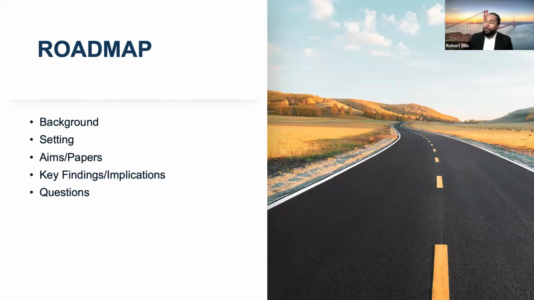This roadmap highlights the journey that we'll be going on today. We'll talk about some of the background, describe the setting, go through the aims, and go through key findings and implications, and we'll save time for questions at the end.